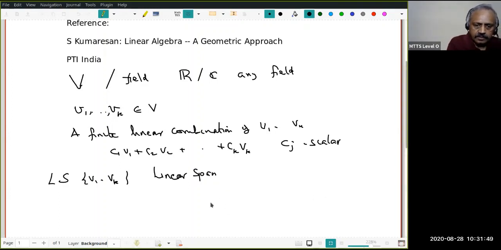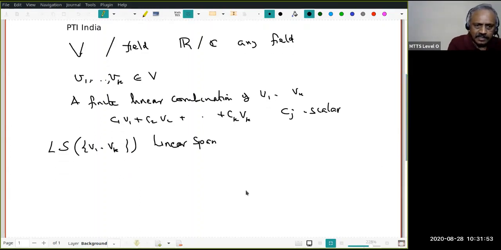The linear span of this set is the collection of all elements of the form c1 v1 plus ... plus ck vk, where the cj's are allowed to vary over the field, 1 less than or equal to j less than or equal to k.